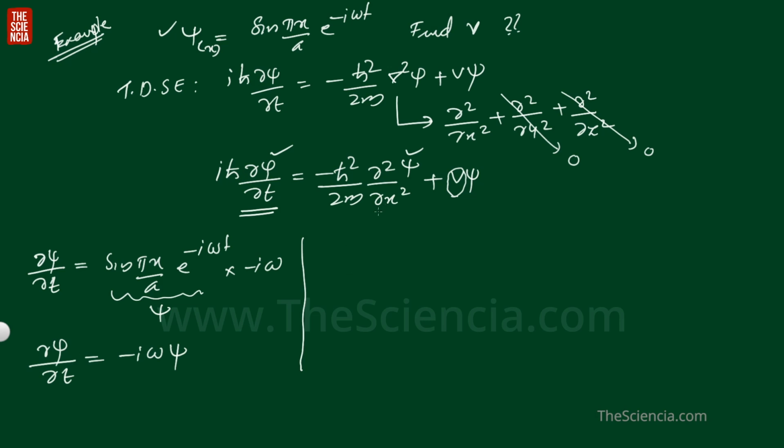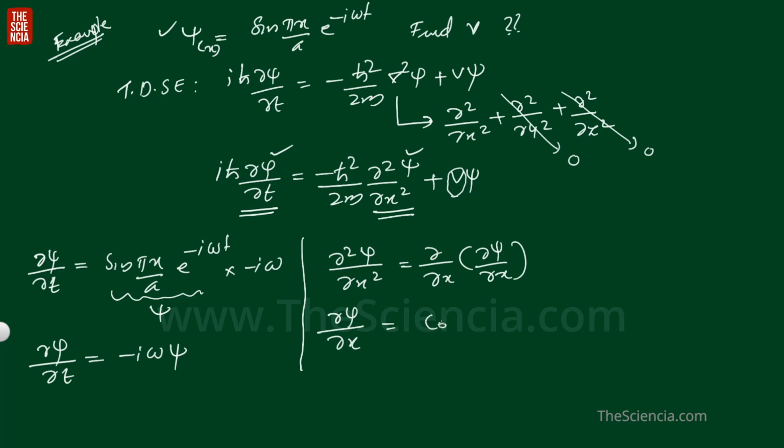Now we have to evaluate this term, ∂²ψ/∂x², which is equal to ∂/∂x of ∂ψ/∂x. First we have to evaluate ∂ψ/∂x, that is the derivative of sin(πx/a), which is cos(πx/a) into π/a into e^(−iωt).